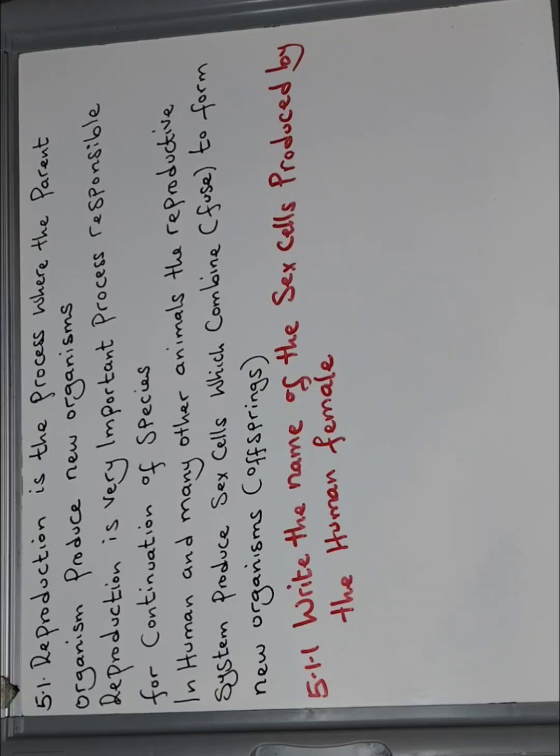If the female is human, then the sex cells are called ova if there are many, or ovum if it's one, or some people prefer to call them eggs or egg cell.